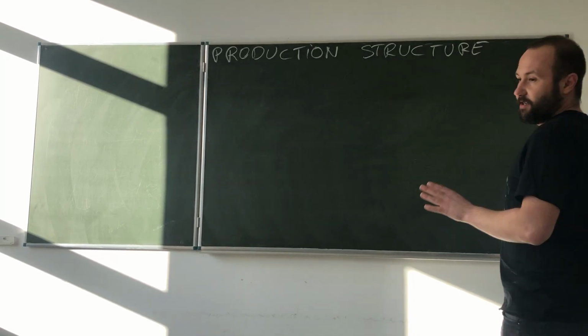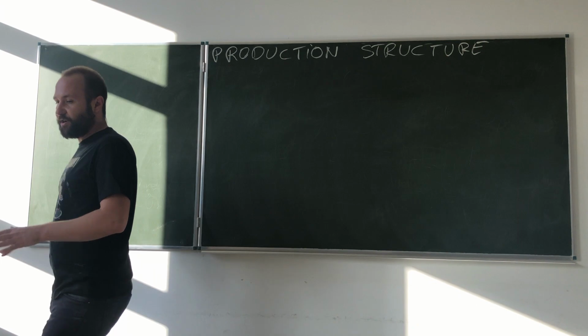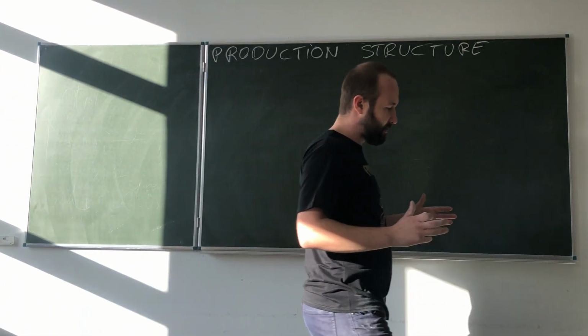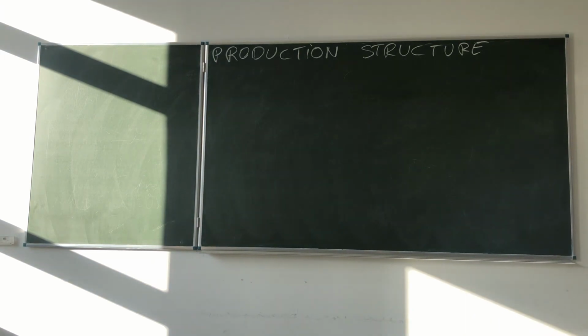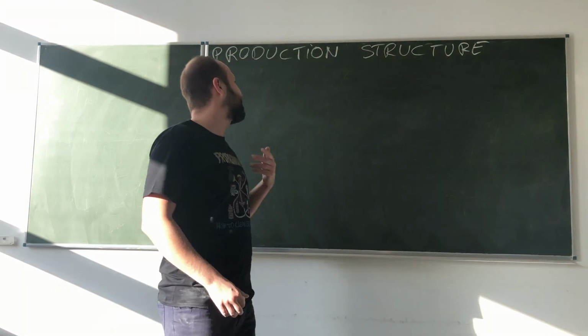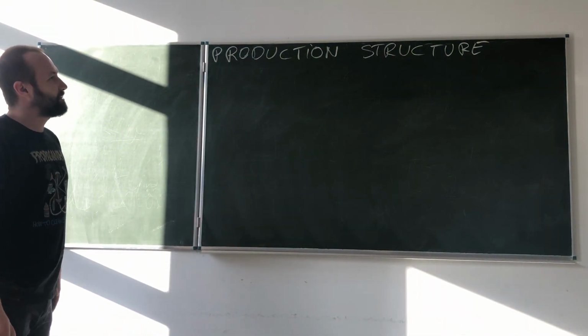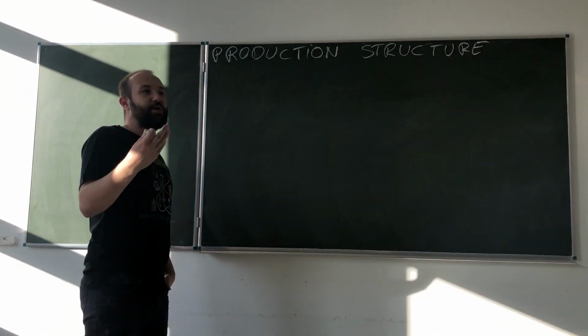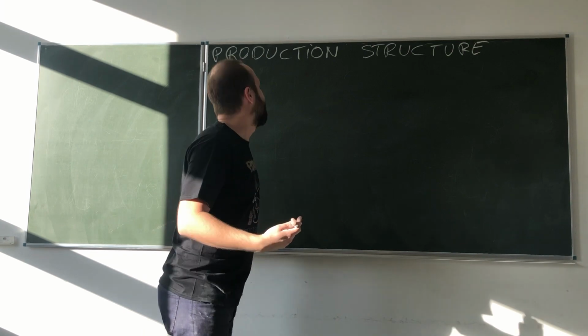Hi. So now we are moving to build our small economy, and we're going to start with production structure. So first thing we need to decide about is how the companies are producing goods.